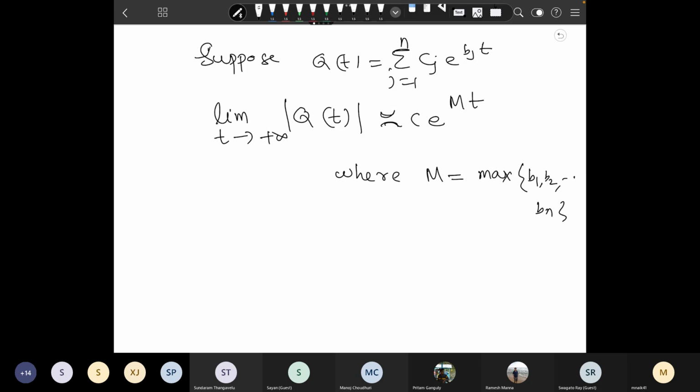Pritam, is this clear? Yeah. Okay, so this is e^(Mt), where M is the maximum of b1, b2, ..., bn.